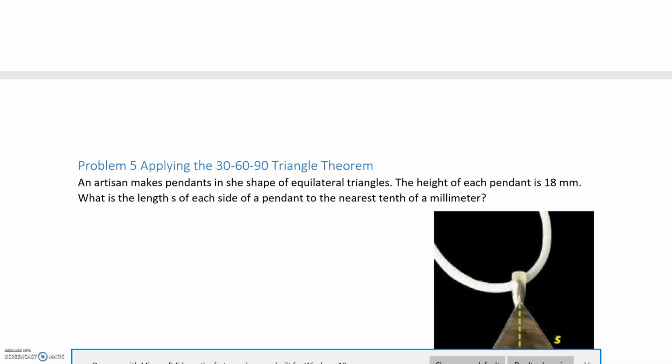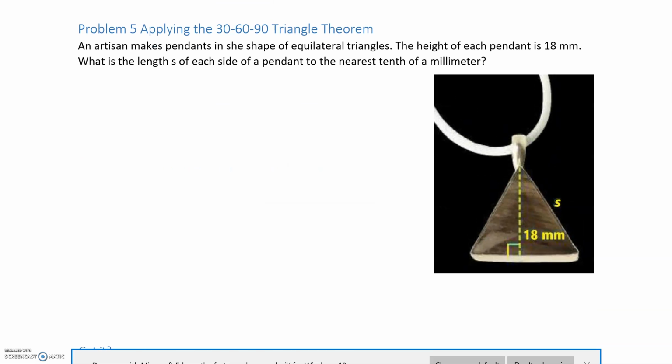So I believe this is our last page. We have an artisan that makes pendants in the shape of equilateral triangles. So the height of each pendant is going to be 18 millimeters. Our height is going to be right here, and that's going to be our longer side of our triangle.